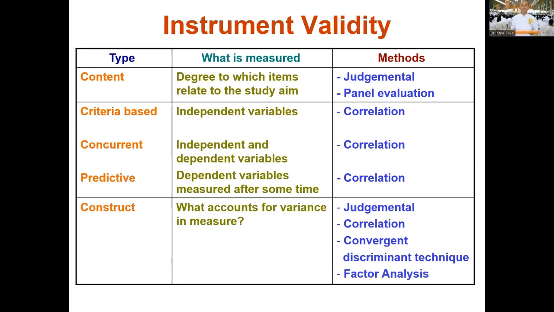So through the chart or the table, we can understand it. Through content validity, what can be measured is the degree to which items relate to the study aim. So here the methods are judgmental.